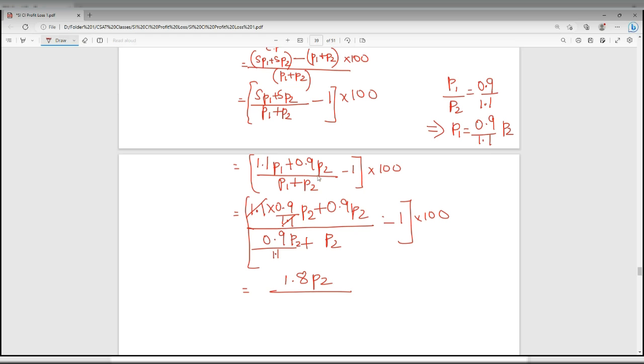If I take the LCM in this fraction, 0.9 divided by 1.1 P2 plus P2, then this will be 1.1 here. This is 0.9 P2 plus 1.1 P2, minus 1, into 100.